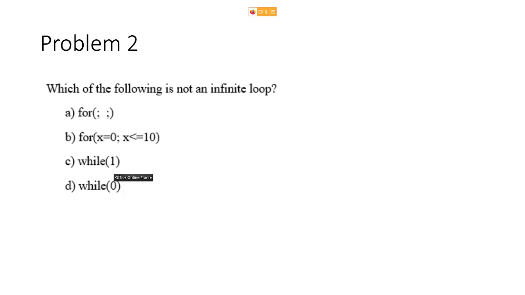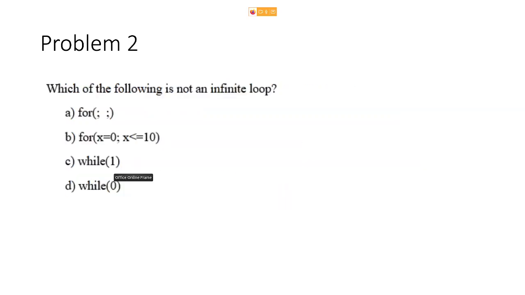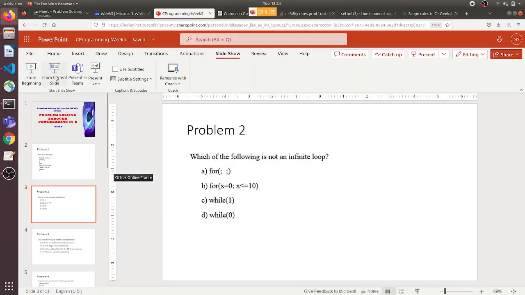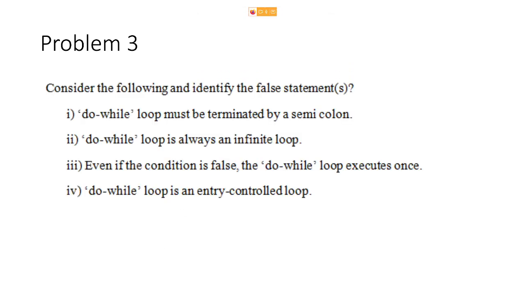Any questions? Okay. Problem 3. Consider the following and identify the false statements. First is do while loop must be terminated by a semicolon.